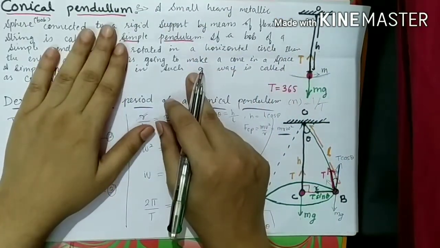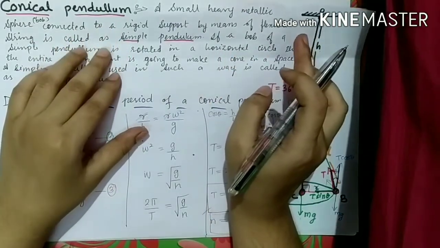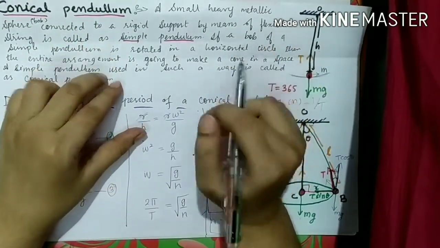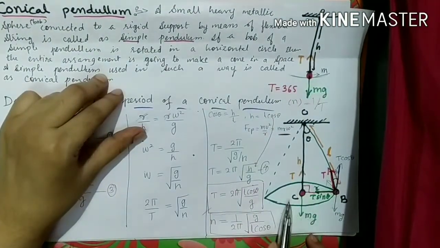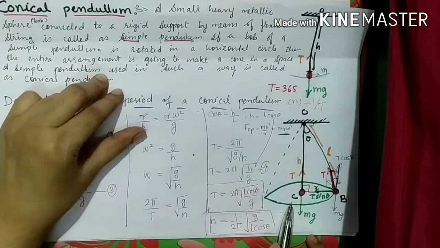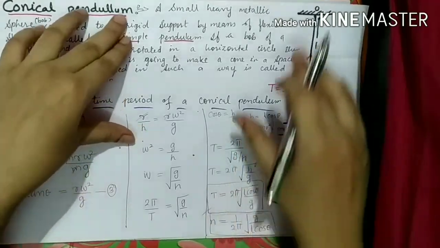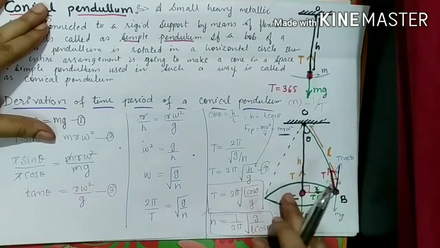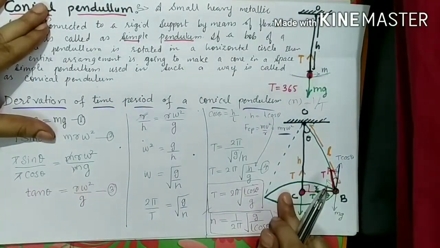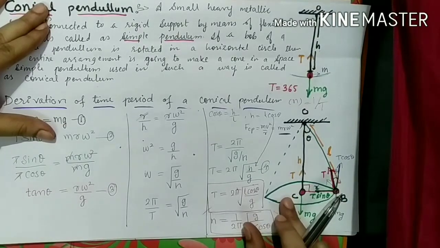How are you going to define it? If a bob of a simple pendulum is rotated in such a way that it performs horizontal circular motion, then the entire arrangement of the simple pendulum is going to make a cone in space. See how it is making a cone in space. So a simple pendulum used in such a way will be called a conical pendulum.